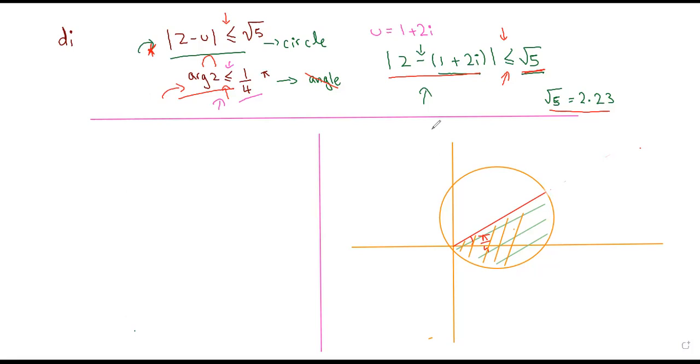And then just talk about the common region, because here the exact wording of the examiner was: sketch on an Argand diagram the region whose points represent the complex numbers z satisfying the inequalities mod z minus u less than or equal to root 5 and argument of z less than or equal to 1 by 4 pi.